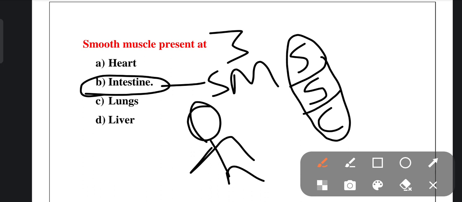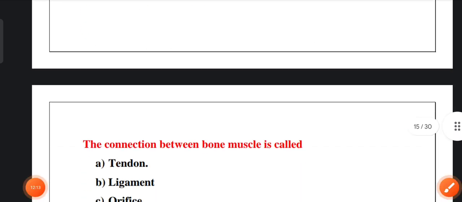Smooth muscle we can see in the intestine, esophagus, urinary bladder, large intestine, small intestine. The skeletal muscle is present all over the body, attached to the bones, and the cardiac muscle is present only in the heart.